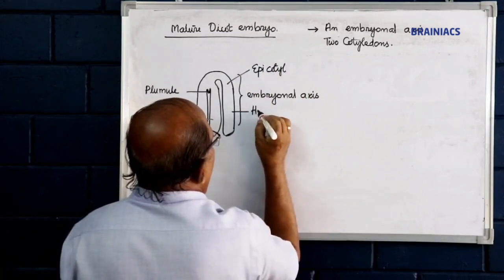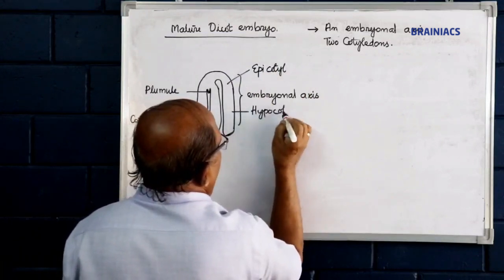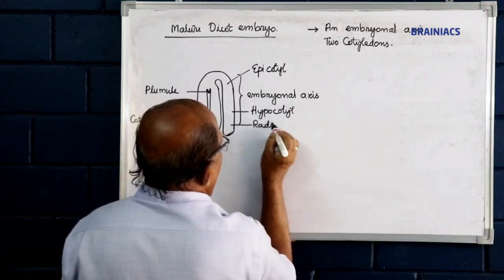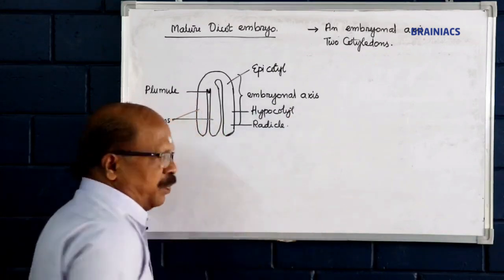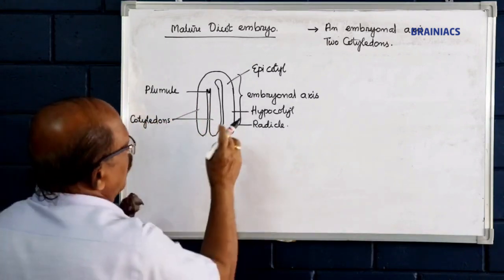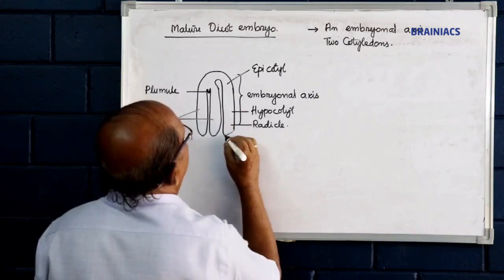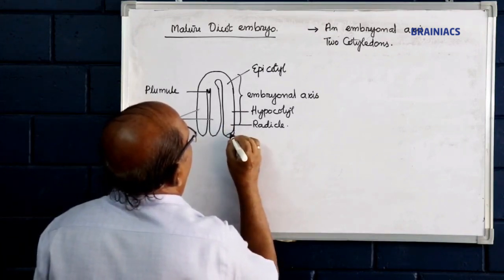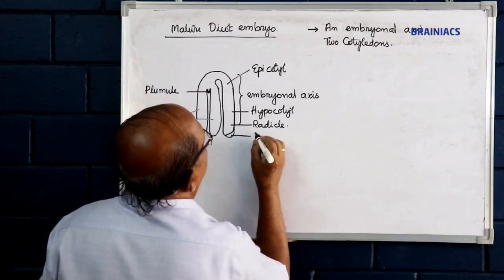epicotyl, hypocotyl, and radicle, which becomes the root system. And this is the root cap.